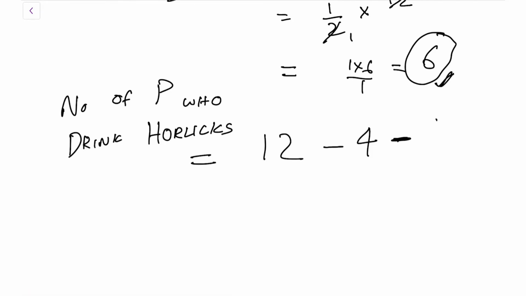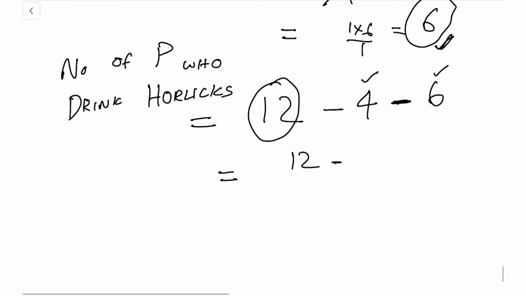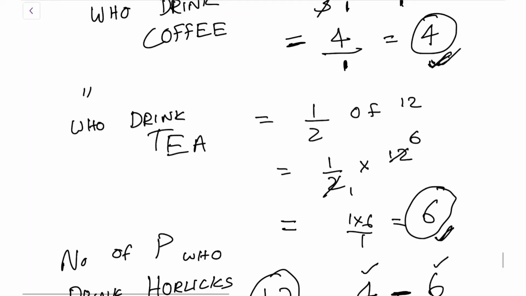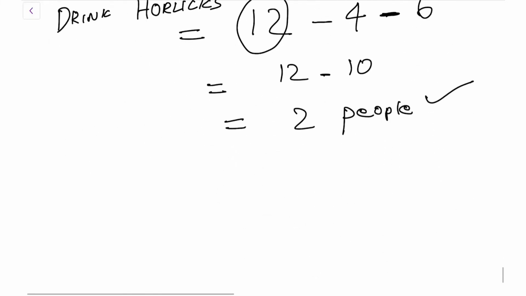That is 6. When you do that, you get the people who drink Horlicks. So what is it? 12 minus 10, which is 2 people. This is how you can solve this type of question. Therefore, we see that 4 people drink coffee, 6 people drink tea, and 2 people drink Horlicks.